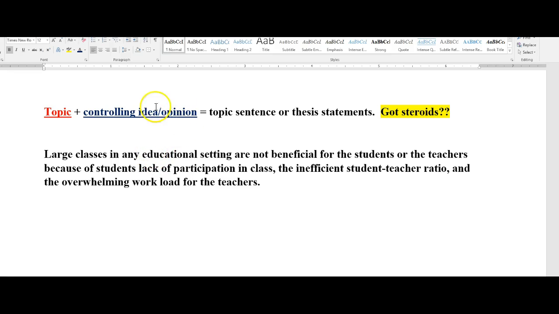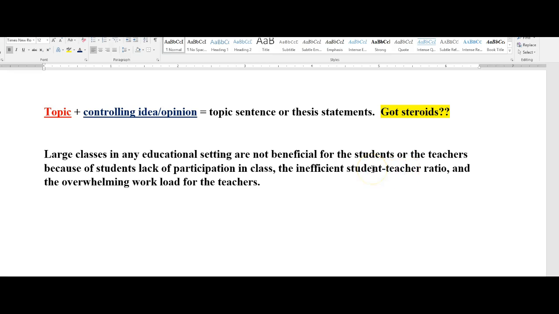What's the point? What's the opinion? What's the controlling idea? What is the writer going to tell us? That they're not beneficial. And then they list the three reasons why. First one, students lack participation. If you have a lot of students in the class, they probably won't get enough face time with the teacher. Number 2, the inefficient student-teacher ratio. The teacher may have 1 to 50 or 40.